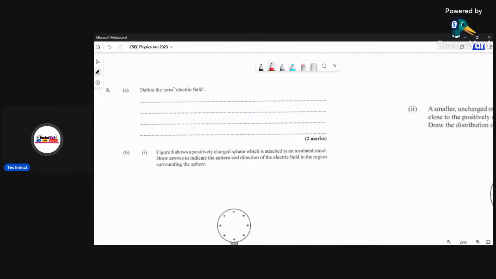So an electric field is the region around a charged object in which another charged object will experience a force.